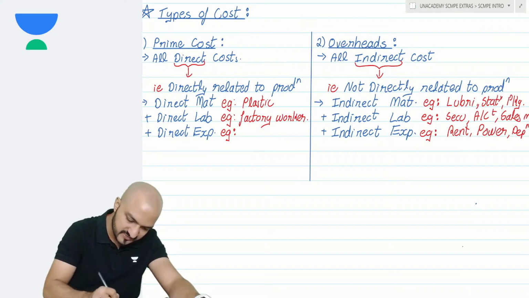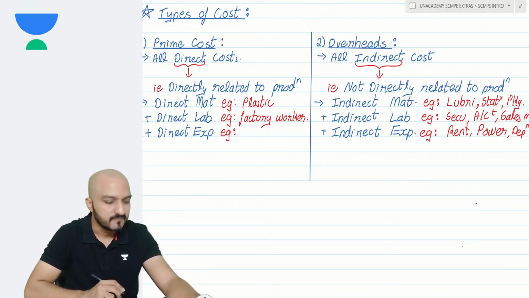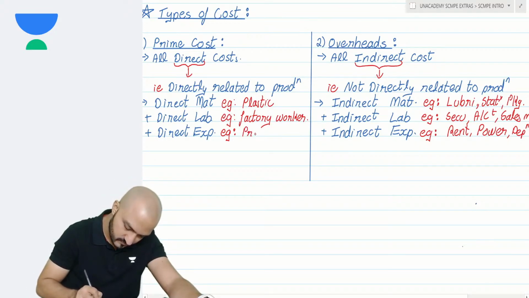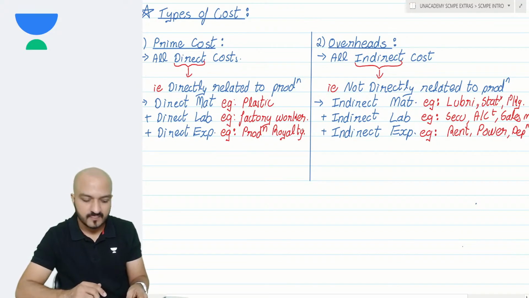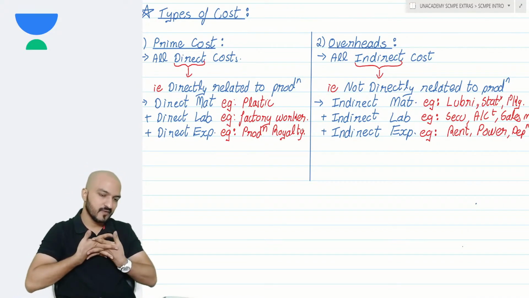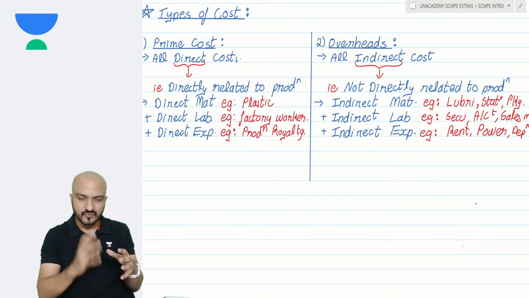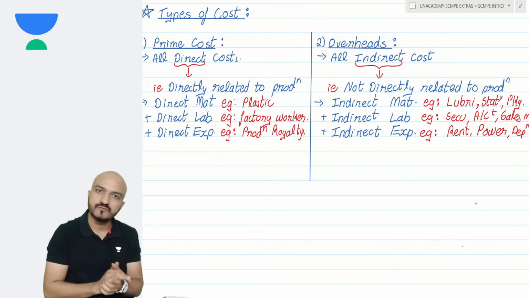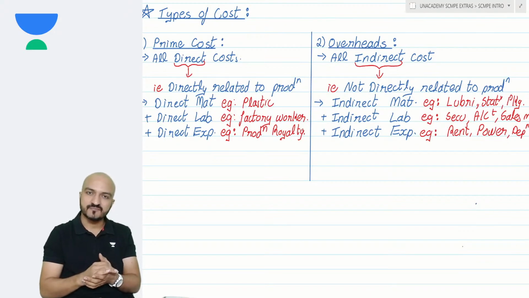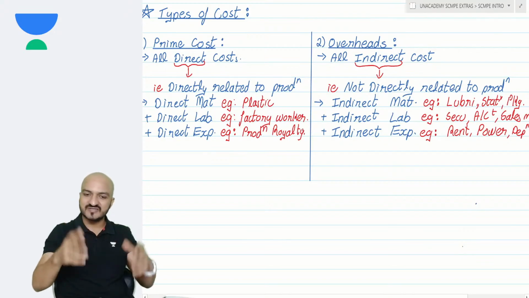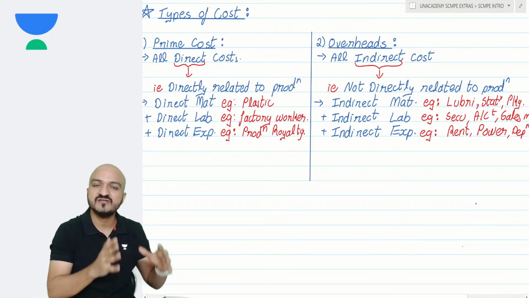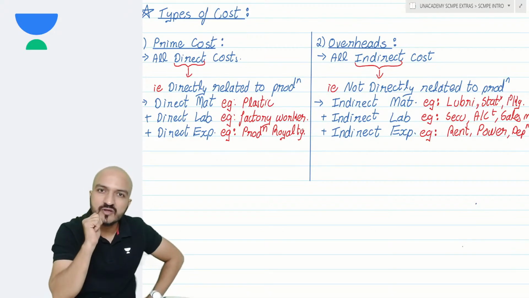Have you heard of, say, royalty? Royalty for production? Like, if I'm doing production using some technology discovered by you. You are Phunsukh Wangdu, Three Idiots wala. You have so many technologies that you discovered, and you have a patent created for the technology or design that you created.